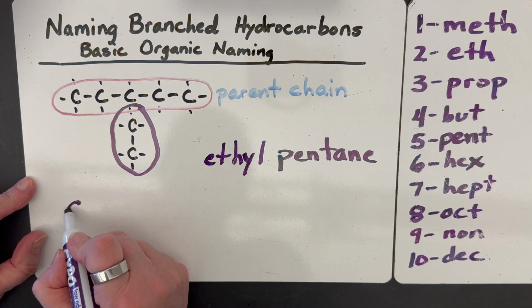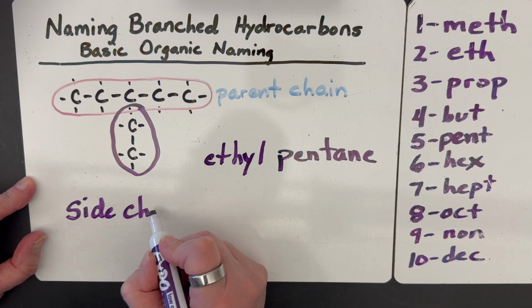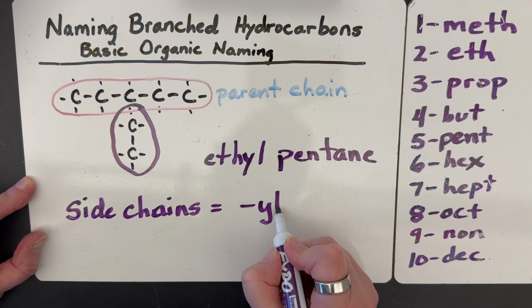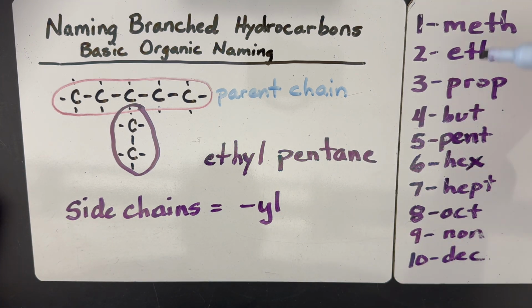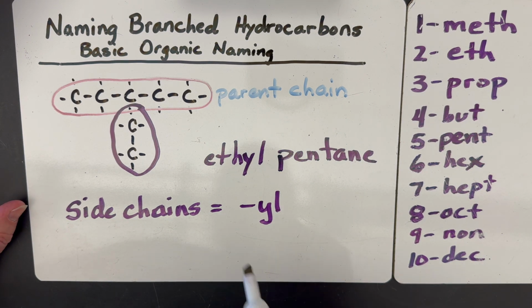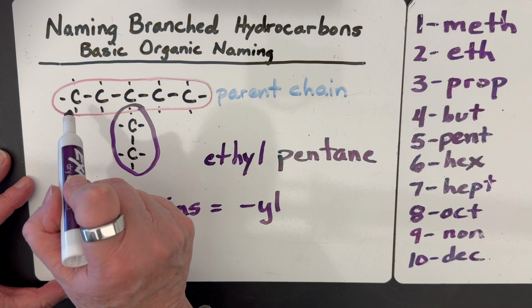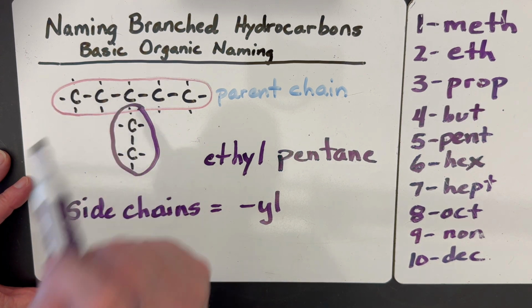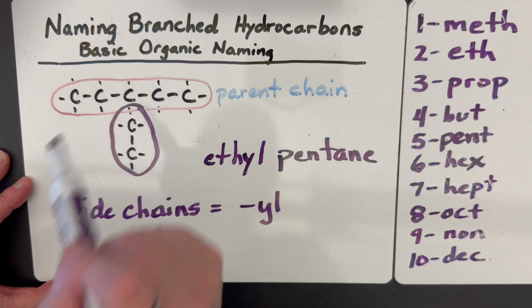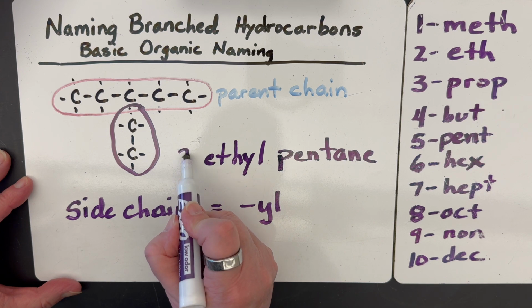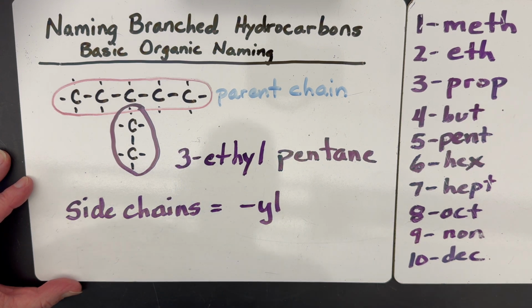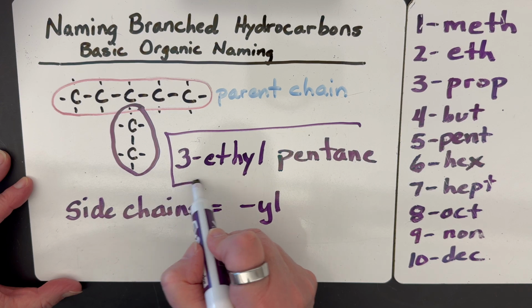So side groups or side chains end in yl, and we use our same prefixes for that. We also need to say which carbon it came off of, and this is numbering from our parent chain. If we number from the left, it's 1, 2, 3. If we number from the right, it's 1, 2, 3. So it doesn't matter which way we number this one. It's going to be 3-ethylpentane.